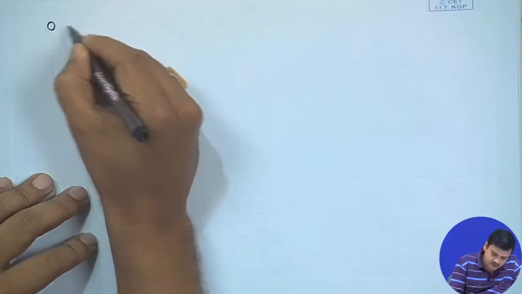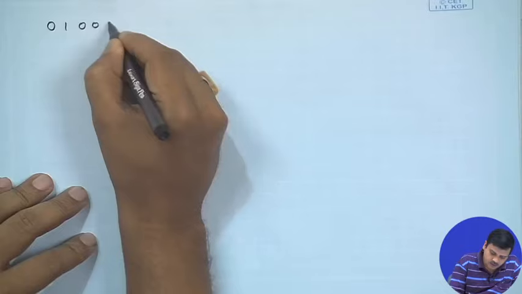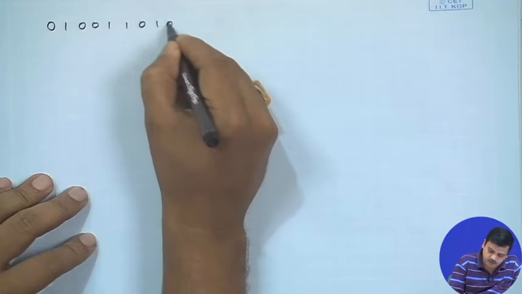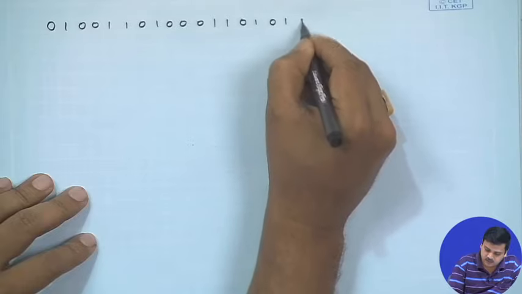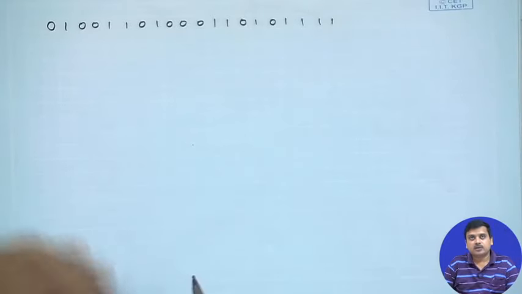So, we have been saying that let there be a bit sequence. I am taking a random bit sequence. We have to do some kind of digital modulation using this bit sequence. I have to send it across using digital modulation techniques.